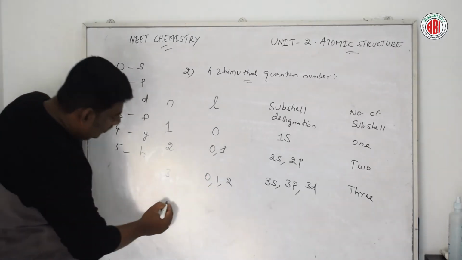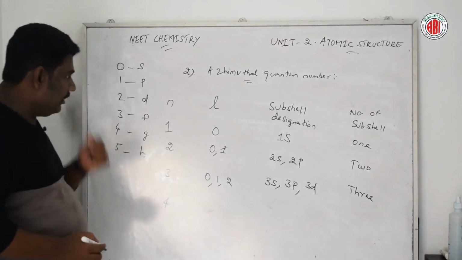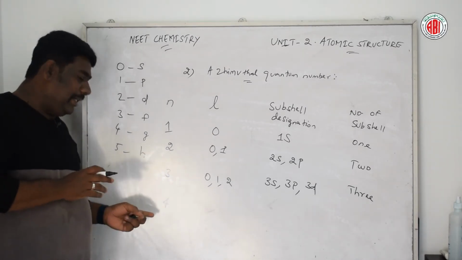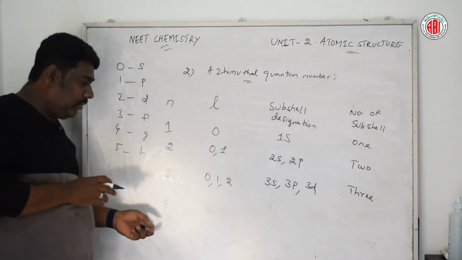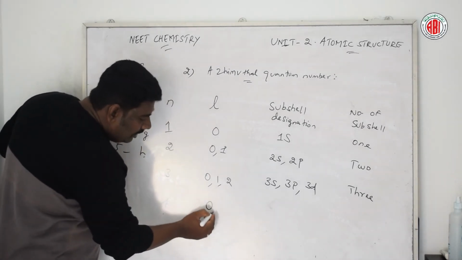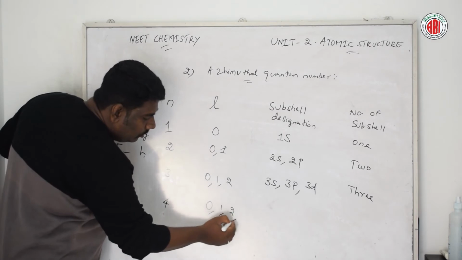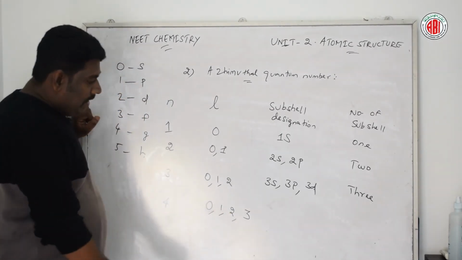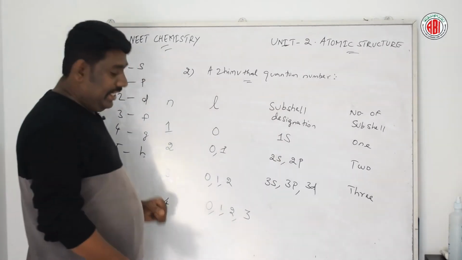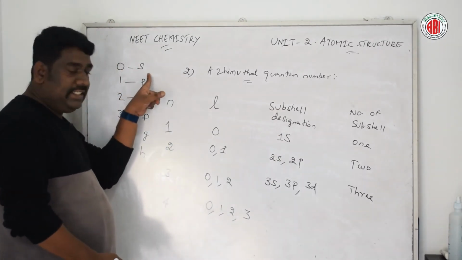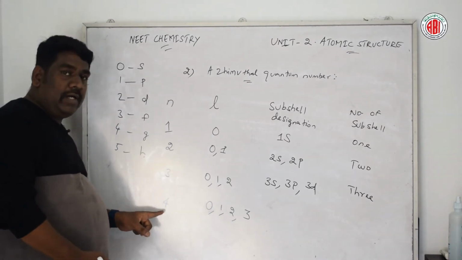Talking about the fourth principal quantum number, the n value is equal to 4, and the L value starts from 0, 1, 2 and 3. So there are 4 subshells. For the designation, 0 is s, and the principal quantum number is 4.